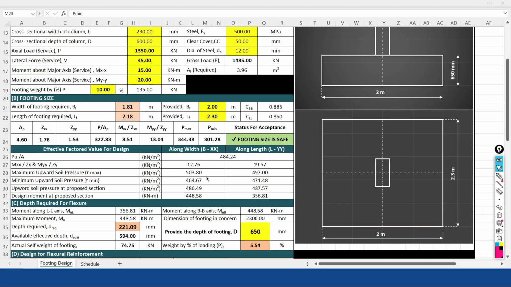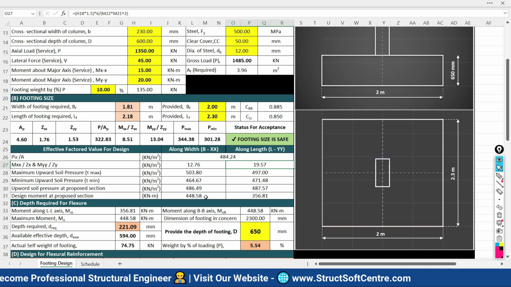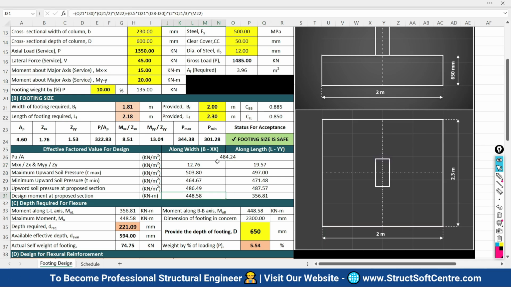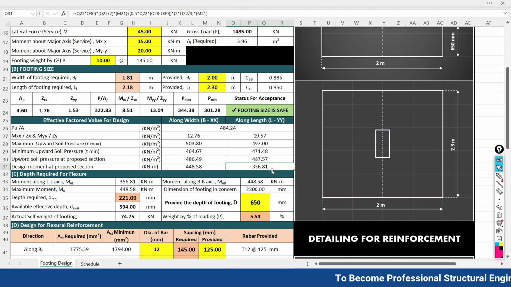Now moving ahead, the sheet is going to take care of the further calculation for the pressure, for the moment, for everything. And it is finally calculating the design moment at the proposed section. Along the width of the foundation it is 448.58 kilonewton meter, along the length of the foundation 356.81 kilonewton meter.